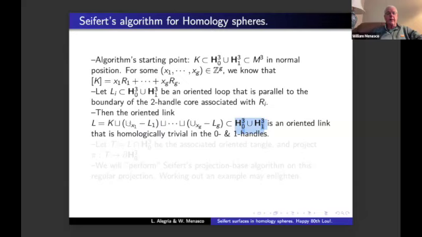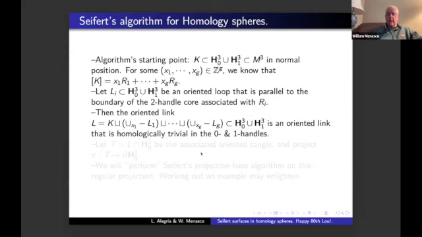So I take x1 of the L1s, x2 of minus L2, up to xg of minus Lg, positioned in the zero handle and one handle. The class of the entire L is homologically trivial inside the zero and the one handle, which means that it bounds a surface.